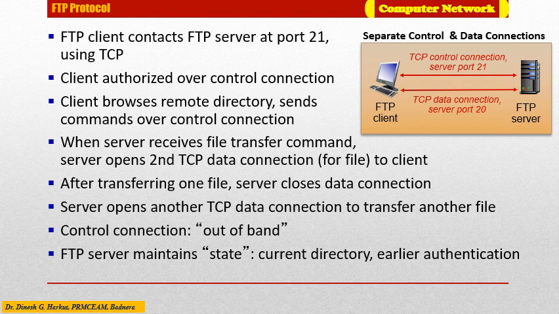If during the same session the user wants to transfer another file, FTP opens another data connection. Thus, in FTP, the control connection remains open throughout the duration of the user interaction, but a new data connection is created for each file transfer within a session. That is, the data connection is non-persistent.